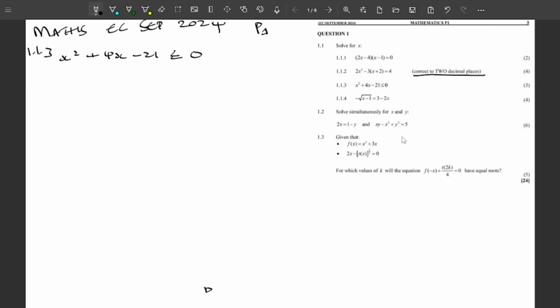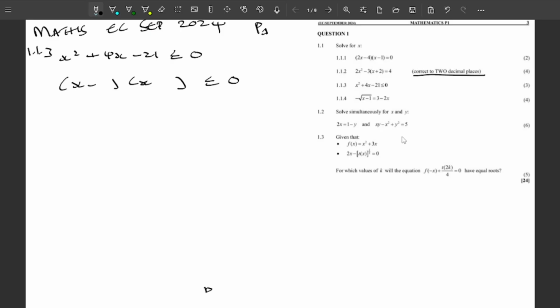Now for this one, you just have to factorize it straight. You can use the quadratic formula to factorize this, but please by all means show the factors in the correct form, like in this form of the brackets. If you can find the factors basically by looking at it, so for 21, what are the factors of 21? It's 7 and 3, right? So if we subtract 3 from 7, we get 4.